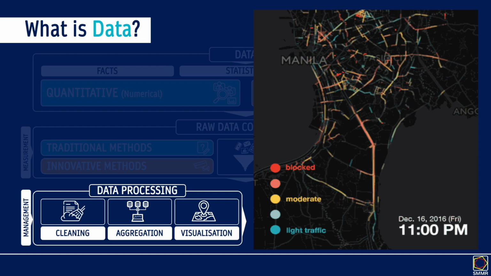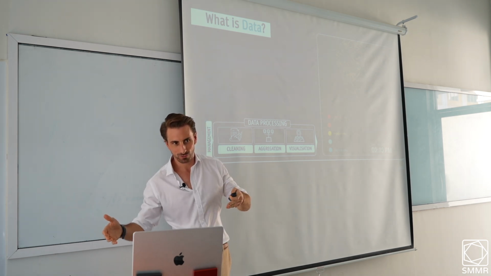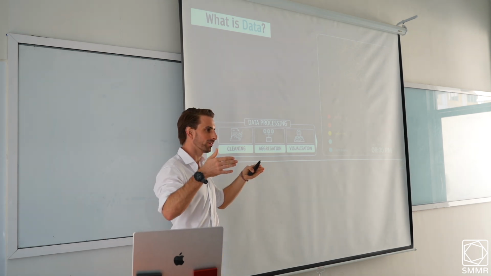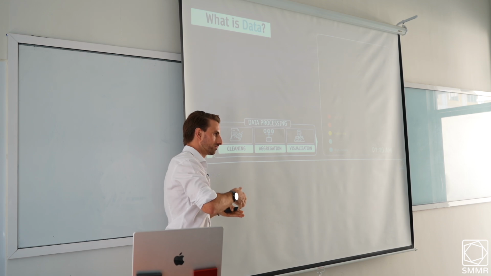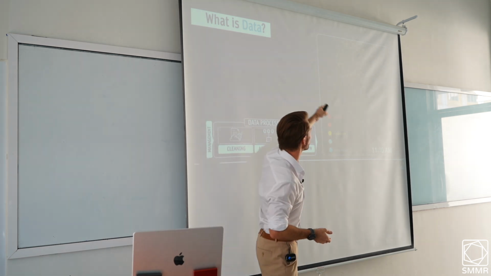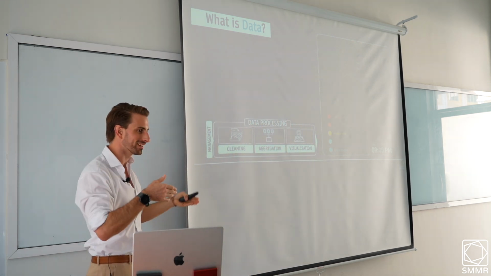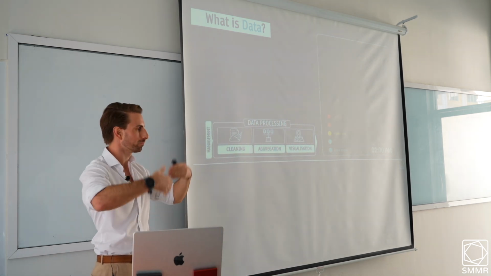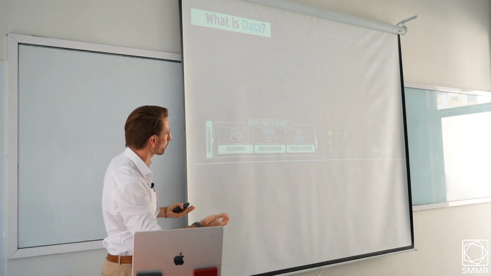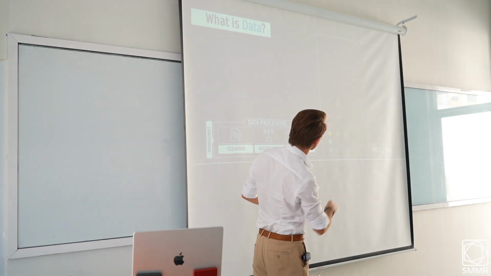And you can use this data to understand how traffic flows, but also to identify hotspots. So where is it really bad? You can see different areas in the city, and those are generally the areas where you would want to intervene with new public transport infrastructure or an improvement to the traffic signals.